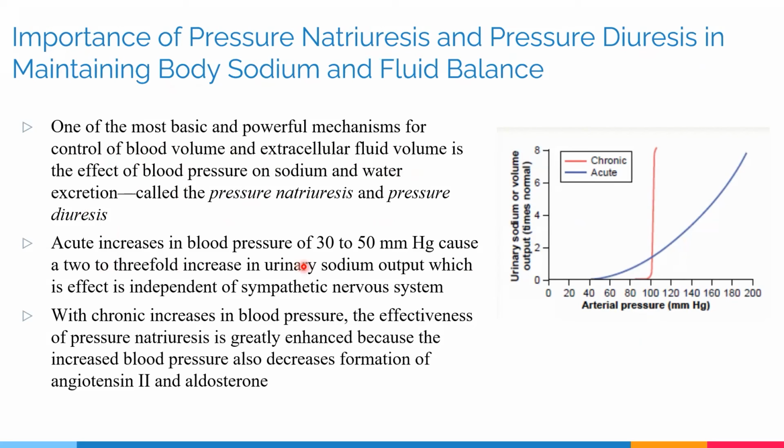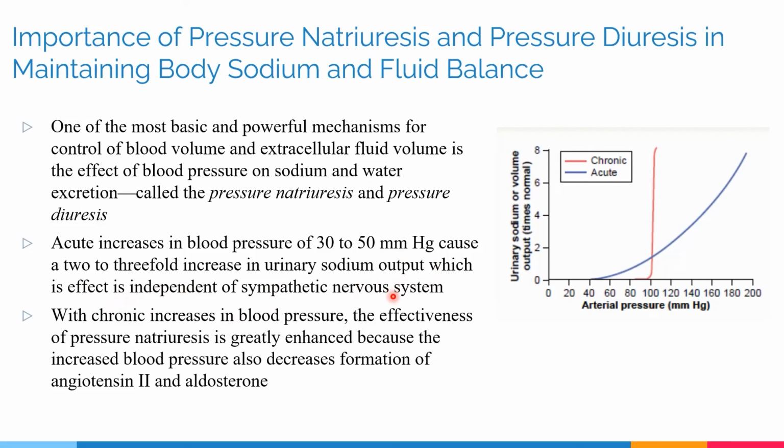Acute increase in blood pressure of 30 to 50 millimeters of mercury causes a twofold to threefold increase in urinary sodium output, which is an effect independent of the sympathetic nervous system. So acute increase in blood pressure of 30 to 50 millimeters of mercury directly causes increase in excretion of sodium.